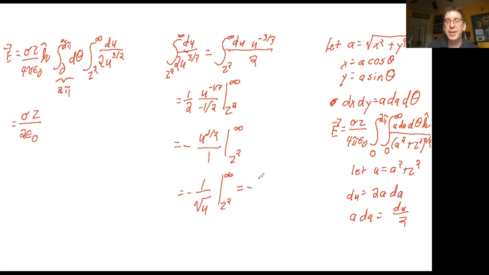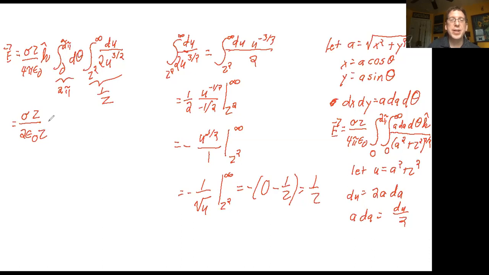So that's negative 0 minus, and then 1 over the square root of z squared is 1 over z. So that term just equals 1 over z. So the theta integral becomes 2 pi, and the u integral becomes 1 over z.